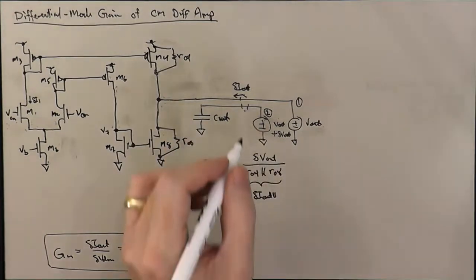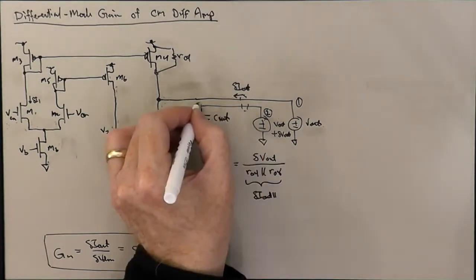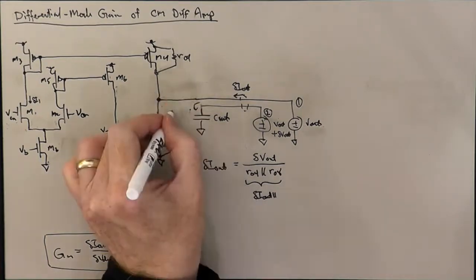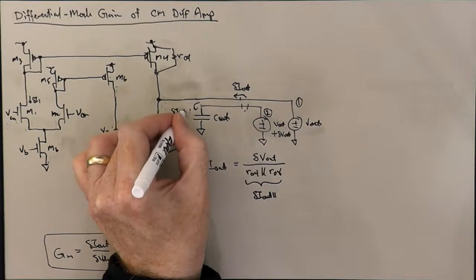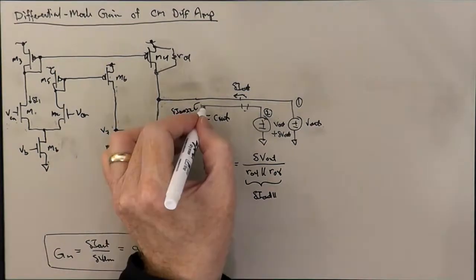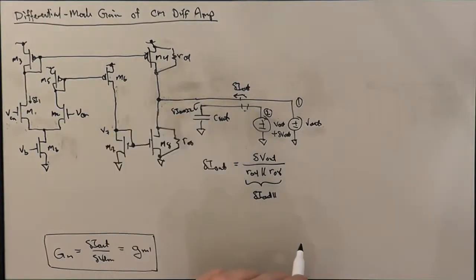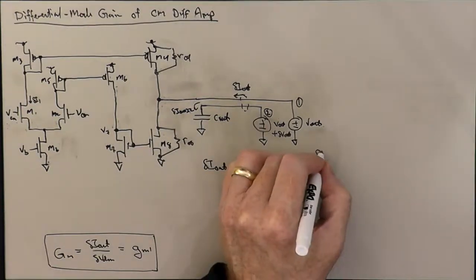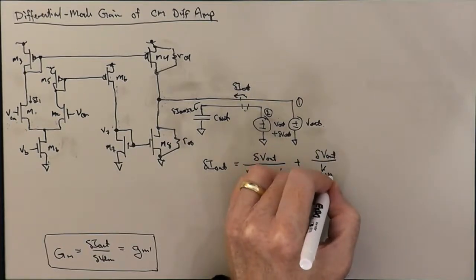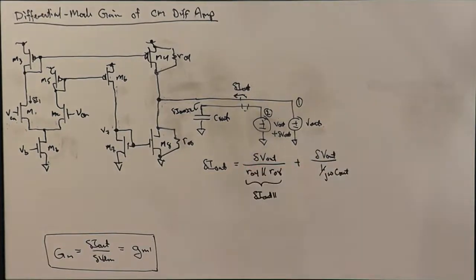And now, of course, we're going to get a delta I out 2, 2, which is current flowing into the capacitor. And we can write that using the idea of the complex impedance of the capacitor as delta V out divided by 1 over j omega C out, where omega is the angular frequency that we're driving at.